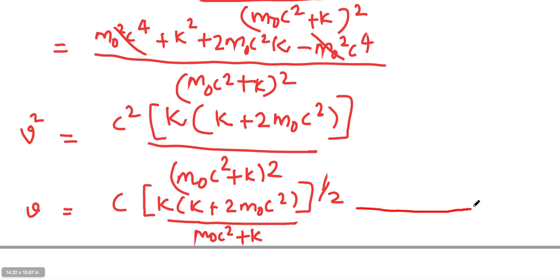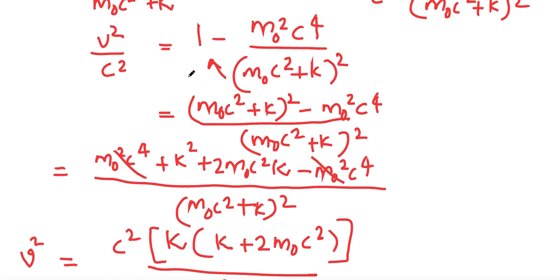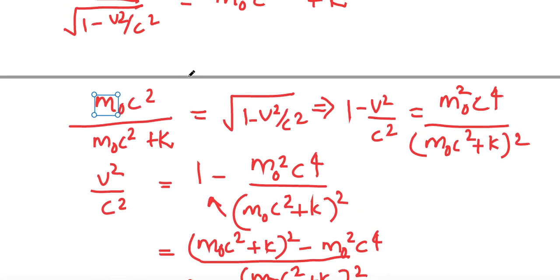Now I will put this as equation number 2. We have equation number 1, which is 1 minus v square by c square equal to this. So this is equation number 1, and now we have two equations.